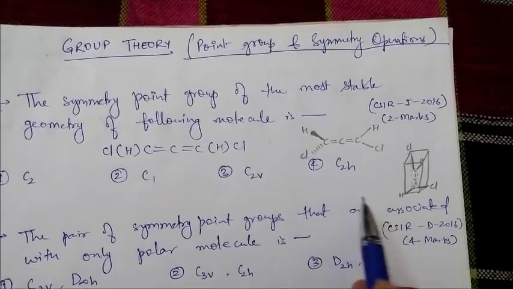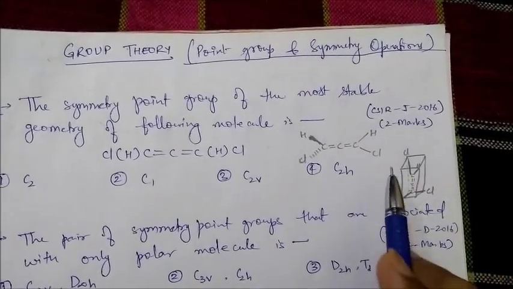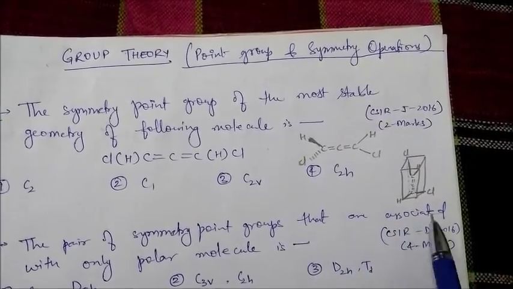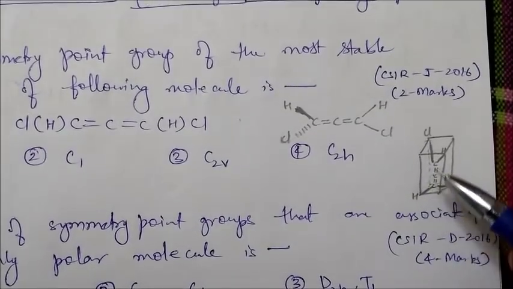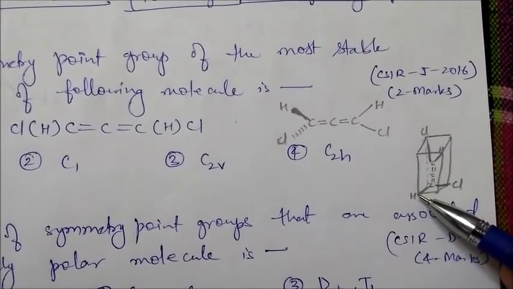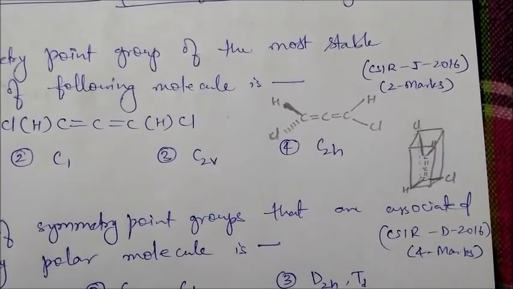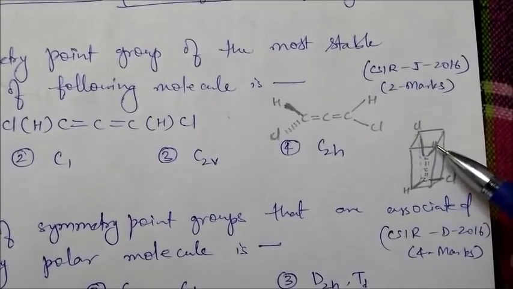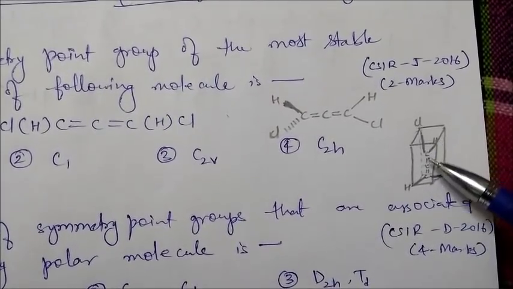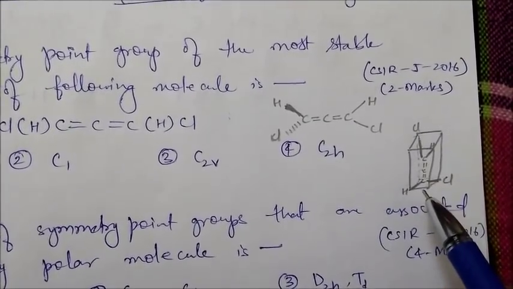Now let's check if there is any plane. Is there any plane over here? If you try to find a plane along this face, it is not possible. But if you are thinking about a plane passing diagonally along this face, cutting these two hydrogens and reflecting the two chlorines, then that plane is not possible, because if you pass this plane like this, all three allene carbons will not be sliced properly, meaning they will not be reflected properly.